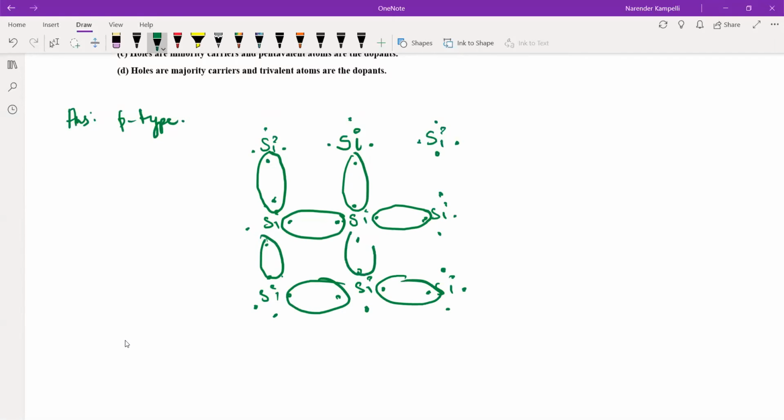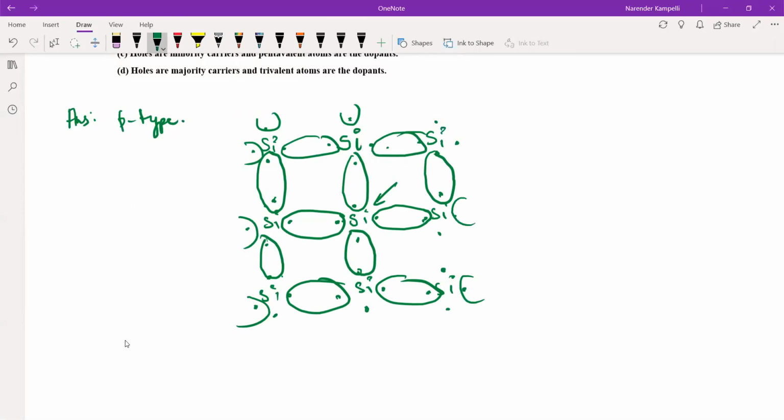Let us say this is the center silicon atom, and in this formation it forms covalent bonds with the other silicon atoms. Now, the p-type material is formed when you dope with a trivalent atom, or trivalent impurity.